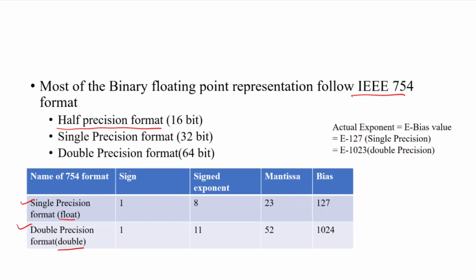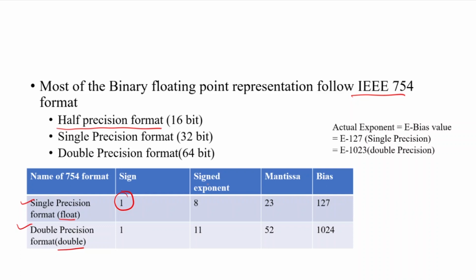In single precision, 1 bit is used for representing the sign. This is the most significant bit out of 32 bits. If the value of this bit is 0, it represents a positive number, and when this bit is 1, it represents a negative value.